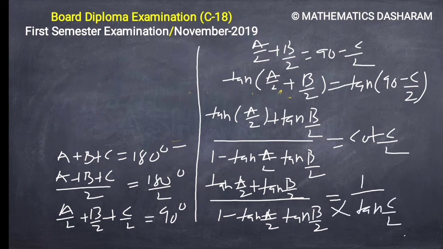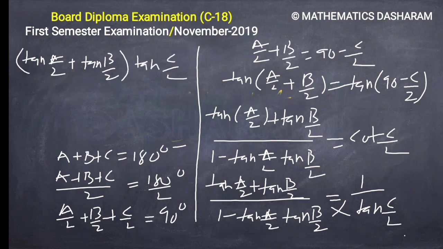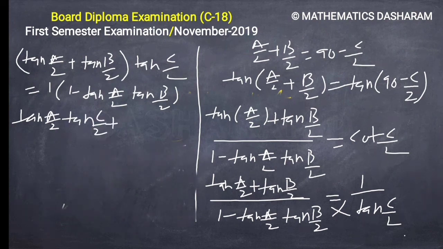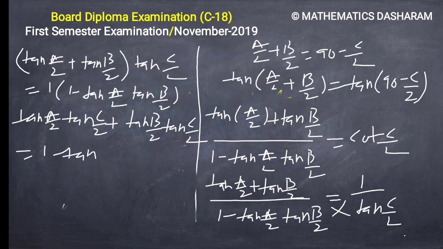Now do cross multiplication. So tan a by 2 plus tan b by 2, into tan c by 2, equals 1 into 1 minus tan a by 2 into tan b by 2. Now multiply tan c by 2 inside. So tan a by 2 into tan c by 2 plus tan b by 2 into tan c by 2 equals 1 minus tan a by 2 into tan b by 2.